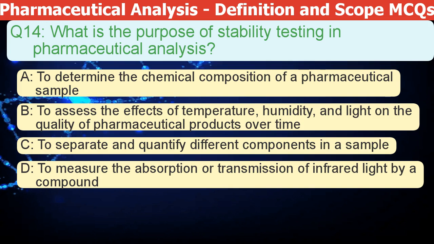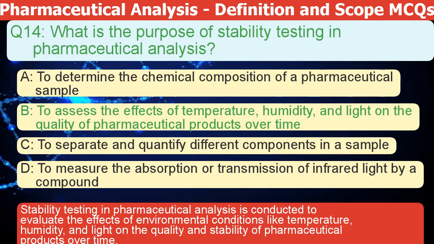D. To measure the absorption or transmission of infrared light by a compound. The correct answer is B. Stability testing in pharmaceutical analysis is conducted to evaluate the effects of environmental conditions like temperature, humidity, and light on the quality and stability of pharmaceutical products over time.